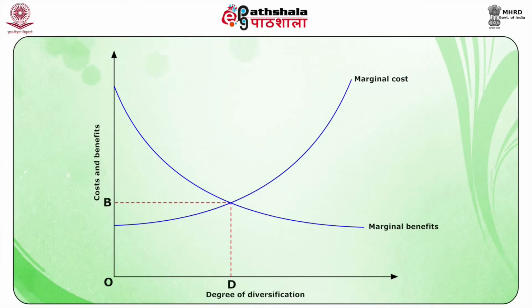The optimal level where the marginal benefit equals the marginal cost of diversification is represented by OD. Thus, for a firm to diversify beyond OD is not recommended, as the cost would be more than the benefit.